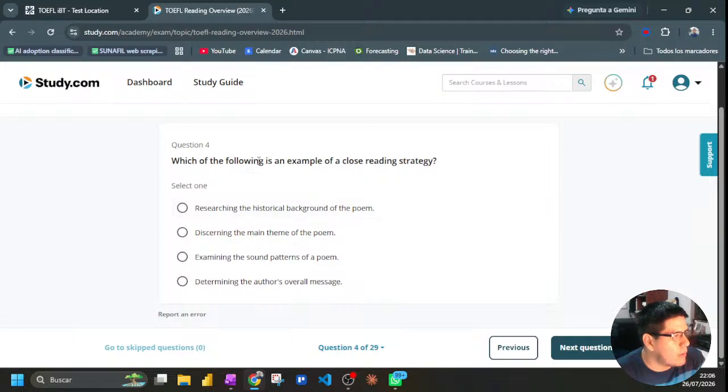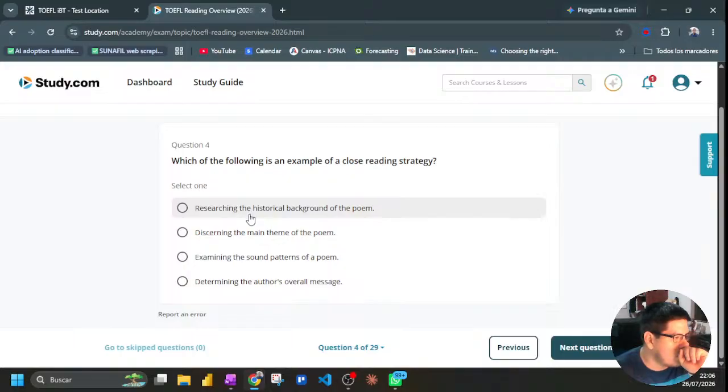Which of the following is an example of a close reading strategy? Discerning the main theme of the poem, researching the historical background of the poem.